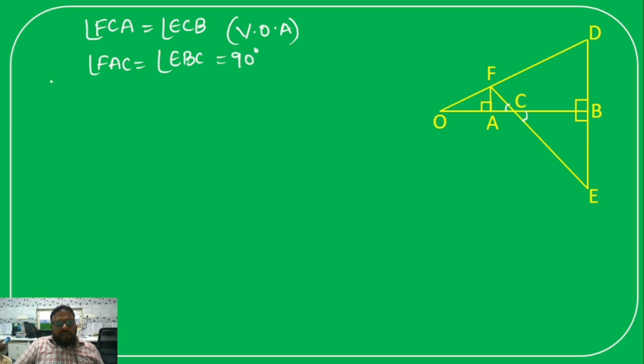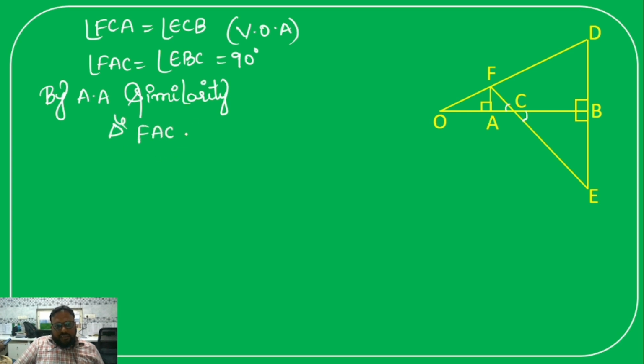This is already known. So this is also according to AA similarity. We can write triangle FAC similar to triangle EBC. From here, the ratios of the sides are equal.